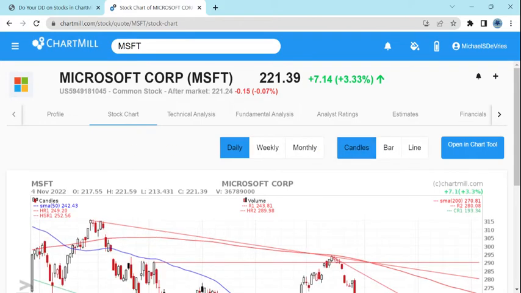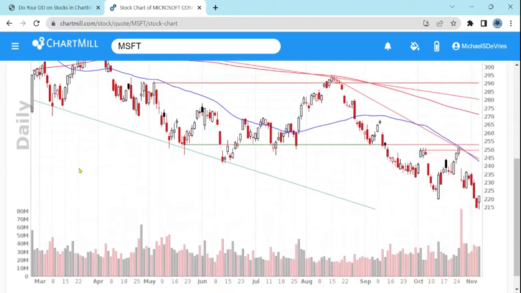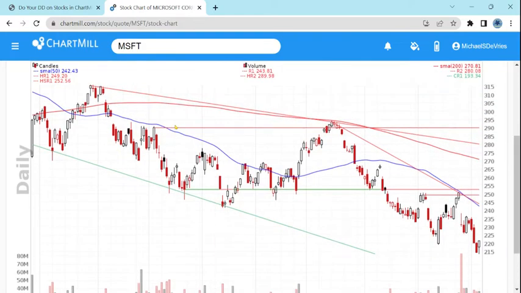So I prefer candles. If we scroll down a little bit, we can see the daily chart very clearly. We get several months of daily chart. We're seeing the volume at the bottom, so we can see these volume spikes, red or green, buying volume, selling volume. Again, we see the daily chart.